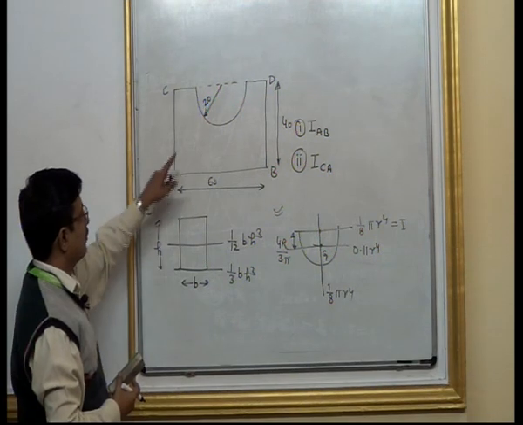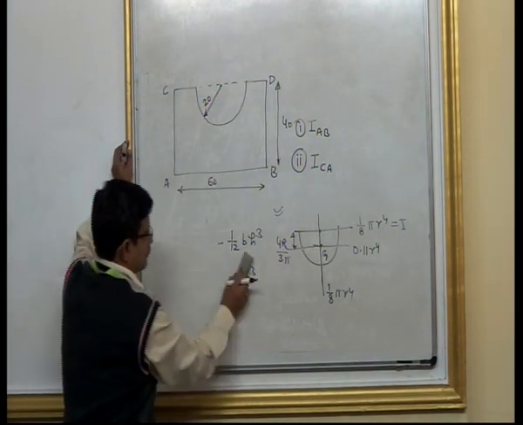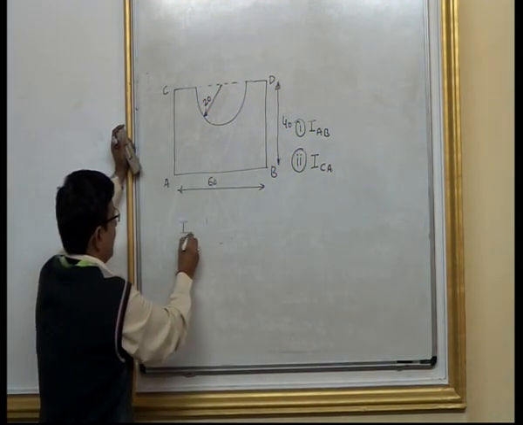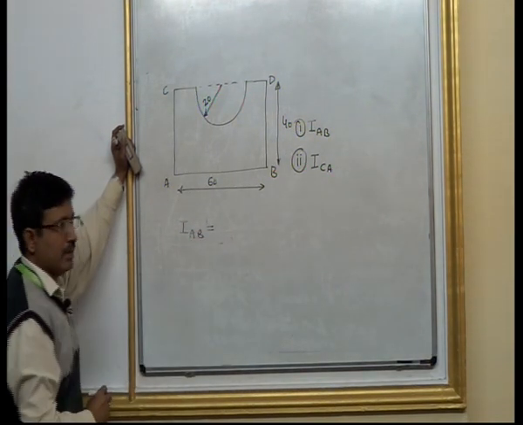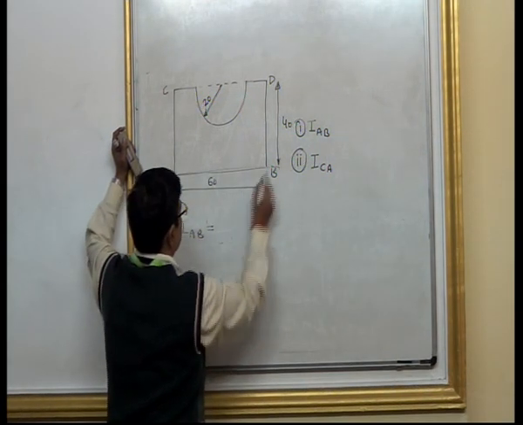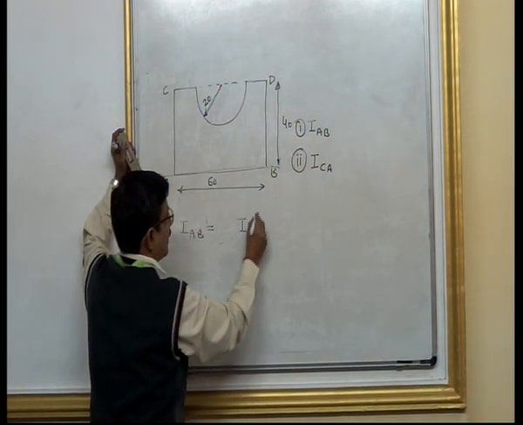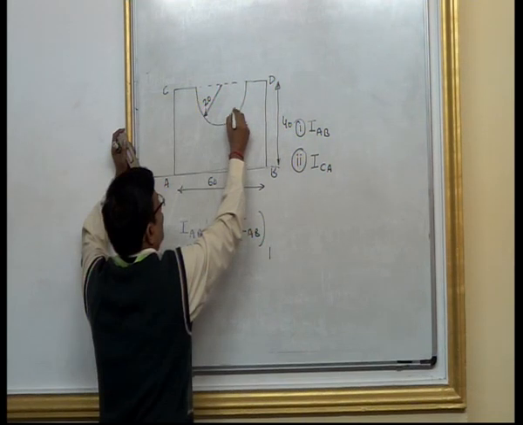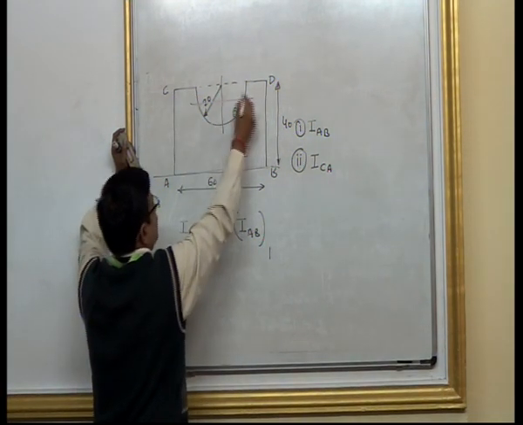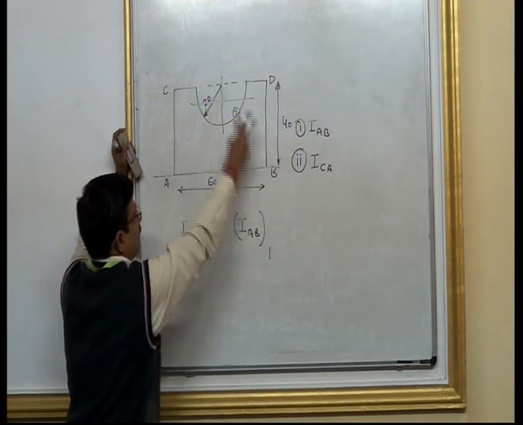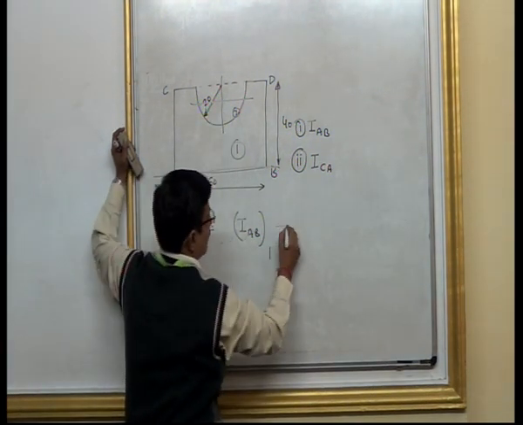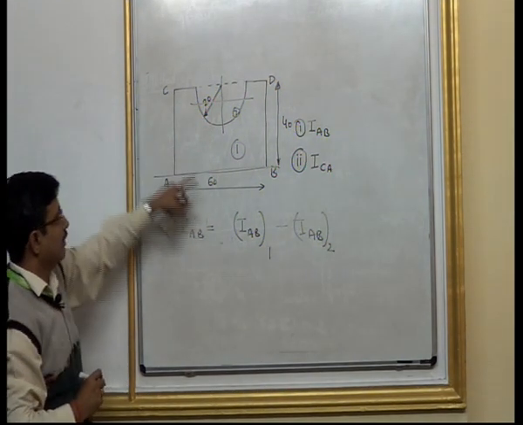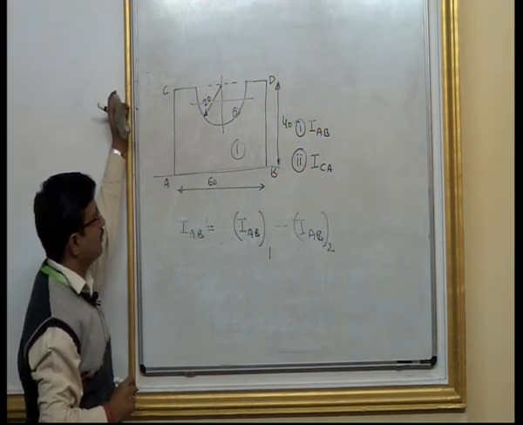Now let us try to solve this question. They have asked us the moment of inertia about AB. So IAB, the moment of inertia about this axis, is equal to IAB for the rectangle minus IAB for the semicircle, that is IAB1 minus IAB2, where 1 stands for the rectangle and 2 stands for the semicircle.